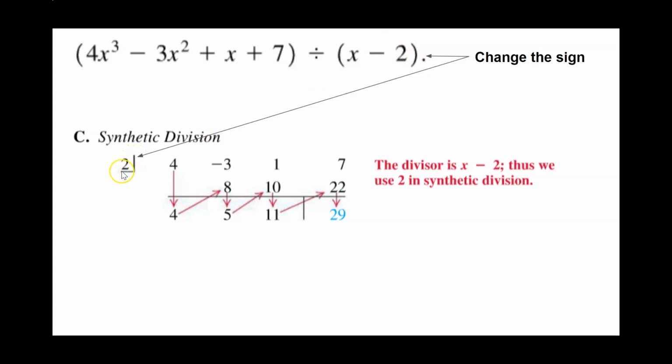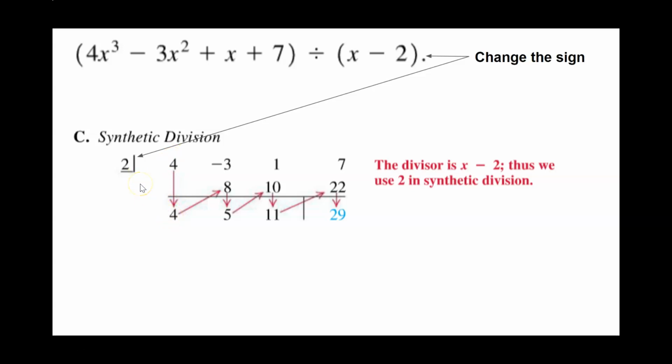Make a little backward L. And then on the top parts here, we're going to take the coefficients in front of the variables: 4, -3, 1, and then 7. So take the coefficient in front, write it out, and then change the sign, make a backwards L, put it here. So the first step we need to do is take the first coefficient and just write it down in the front. Anytime you write the first one, just drop it straight down here.